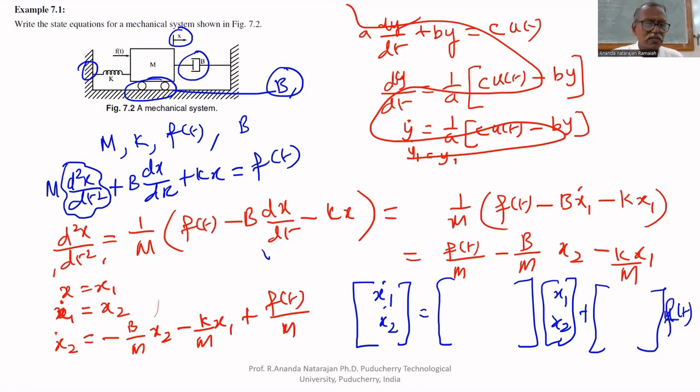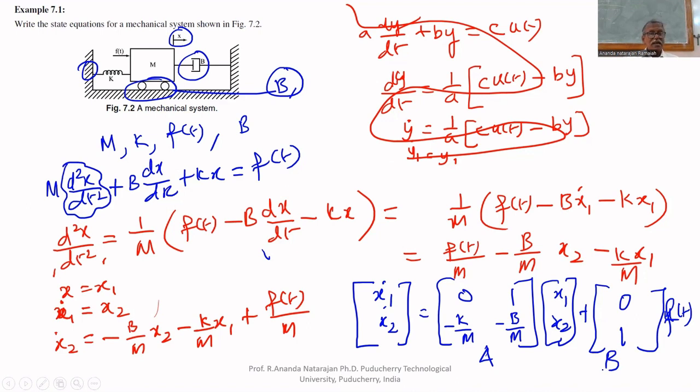Here, what is the first equation? Only x2 is there: 0, 1. Second equation, x1, x2 both are there: minus k by m, minus b by m. Here, this f of t is in the second equation only, not in the first equation. This is the A matrix, this is the B matrix. We wrote it in state space model.